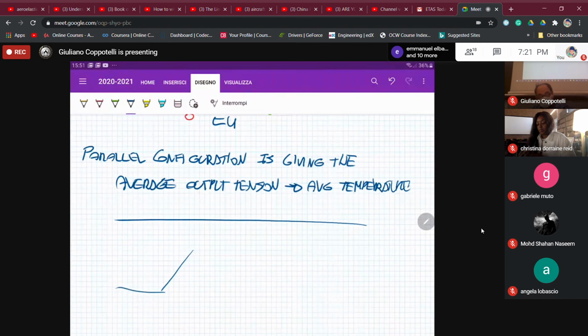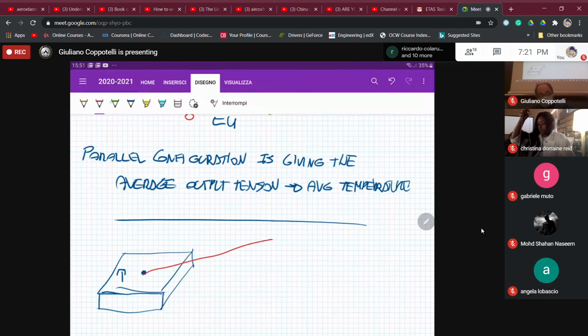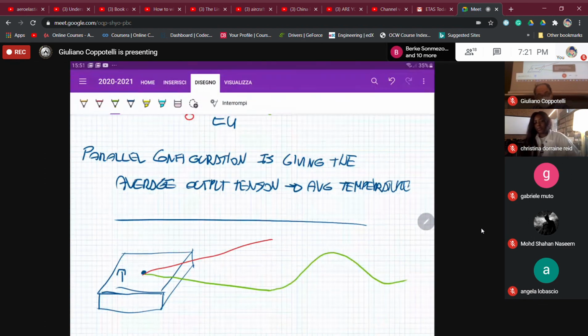Then another issue that we have to consider in real life is that if you are putting your hot junction in a part of the structure with unknown temperature, that is your thermocouple like this.